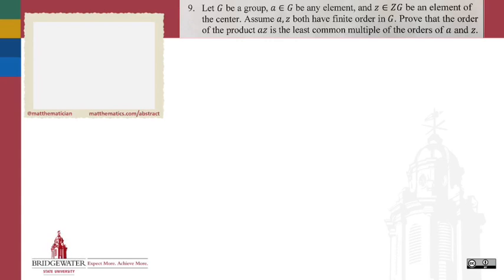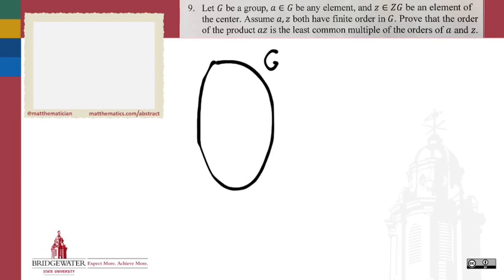All right, and for this last problem, you have a group G, any old group G. You have an element in the group, call it A, and then inside of G there's a center called Z(G). And of course the center has the identity element in it, but then we also in this problem have another element Z inside of the center.